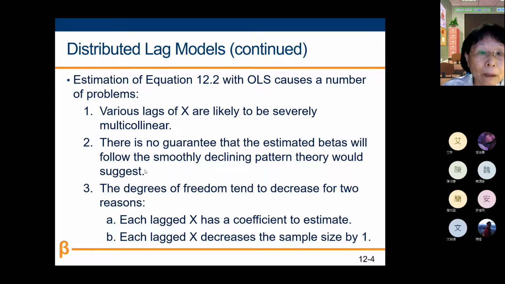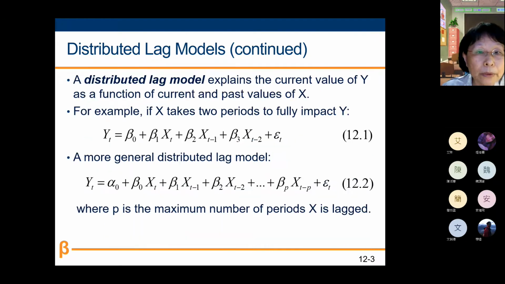Okay, and let's also go back to the example we just showed. Y is GDP and X is money supply. Do you expect the impact of money supply on GDP to decrease as the length of the lag increases?